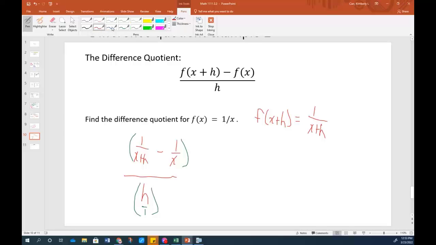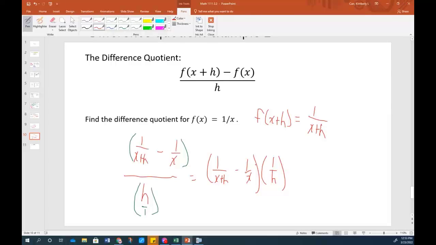So I can apply that concept you've probably heard before of keep, change, flip. I'm going to keep the numerator. I'm going to change it to multiplication, and I'm going to flip the denominator over. Okay, so to divide by a fraction, it really means you can multiply by the reciprocal.